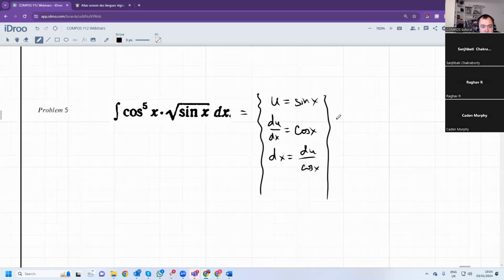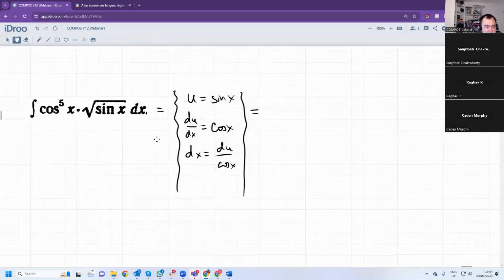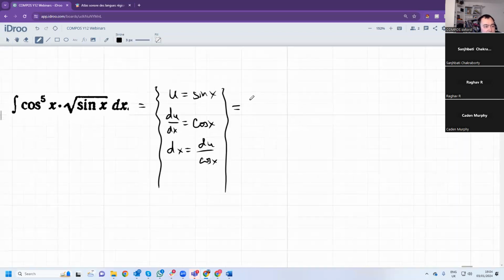All right. Well, let's see. I haven't done this one before. Okay, so it's cos 5x multiplied by u to the power half, because that's square root of u, multiplied by dx, which is du over cos x.